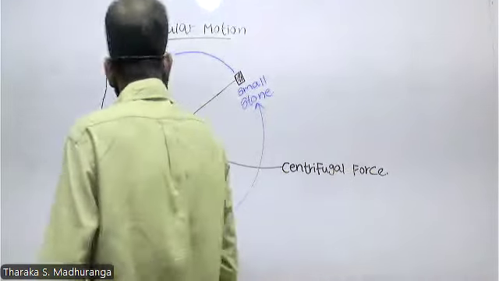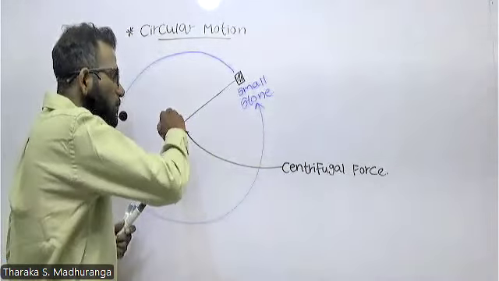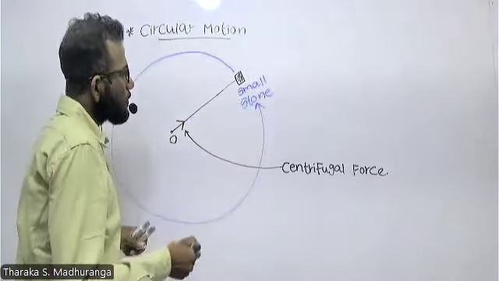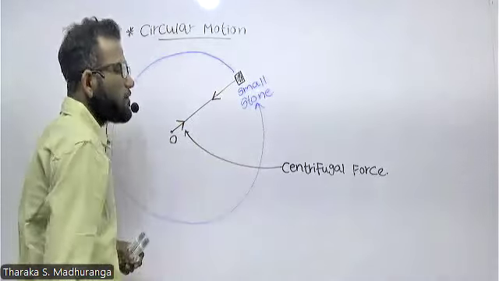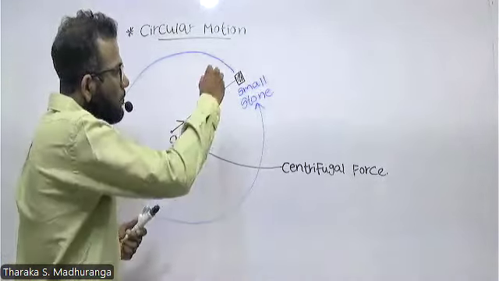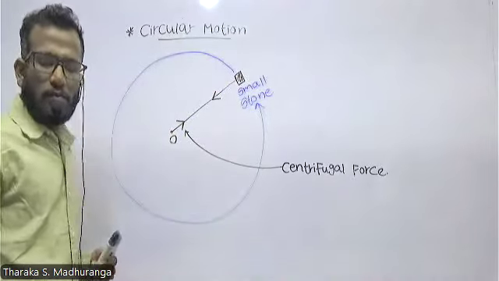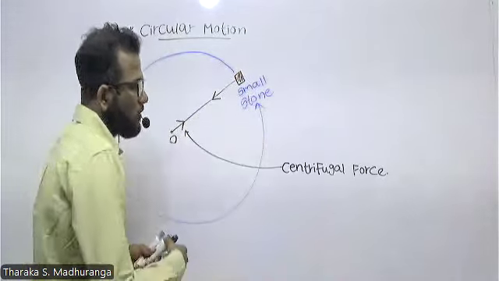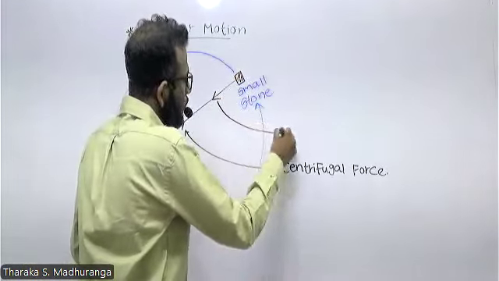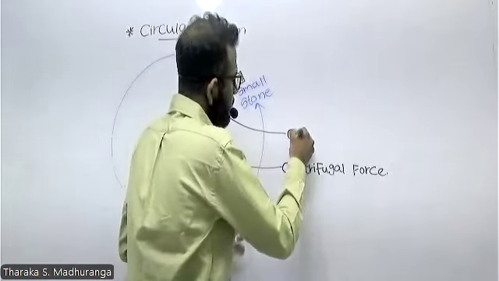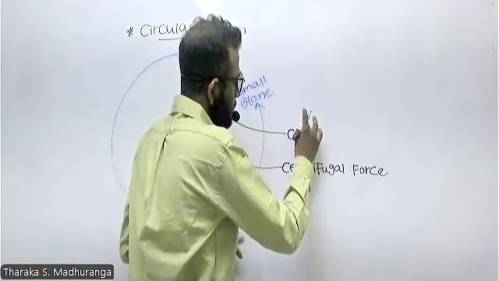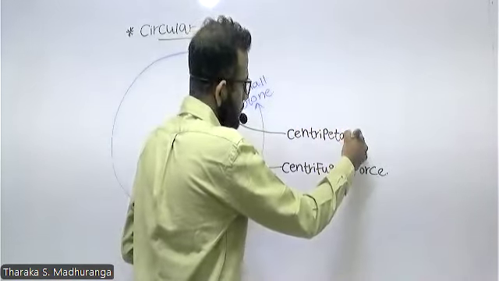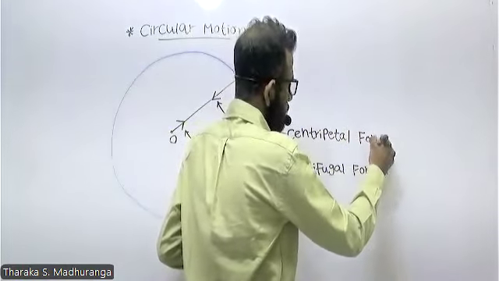The second point is, when there is a force away from the rotational axis, there is another force coming towards the rotational axis, that we call centripetal force.